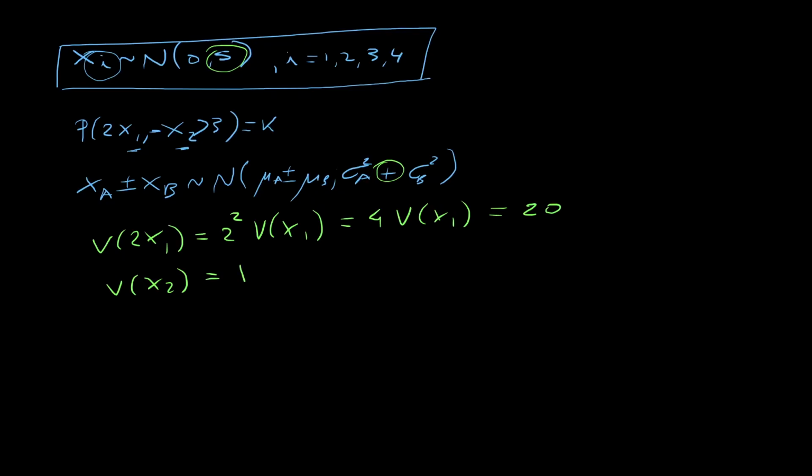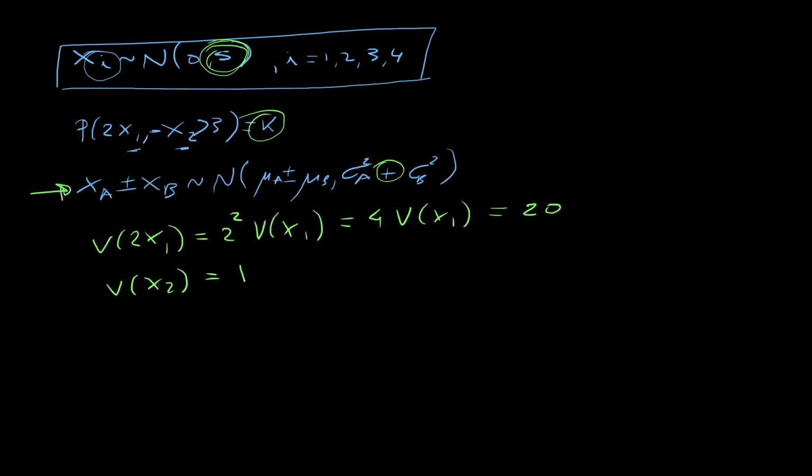So here we have this expression and we need to plug in the numbers in order to use this expression and find out the value of k. So what we have here essentially is as follows. 2X1, let me change colors here real quick.